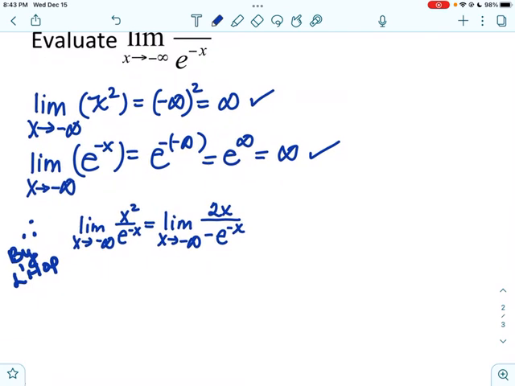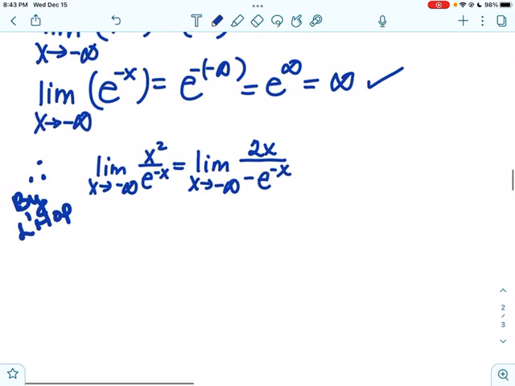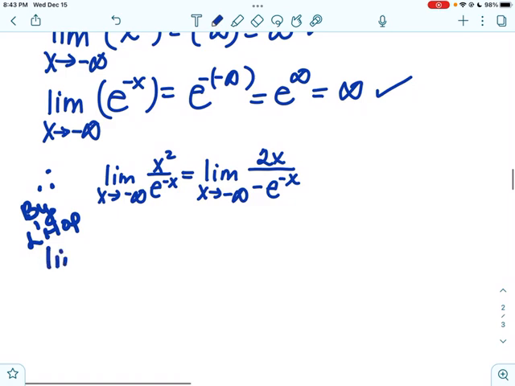Okay, so now if we look at this one, they'll be equal. But if you look at this, we have the limit, then again, of the numerator. So the limit as x approaches negative infinity of 2x is equal to negative infinity.